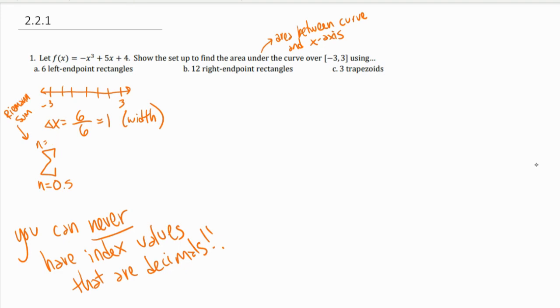It has to be integer values only, okay? And I say this because on your ESA for this stuff, so many people try to use decimals. You can't do that, okay? So we're going to start with n equals 0, like I said. And then to have a total of 6, I'd be plugging in 0, 1, 2, 3, 4, and 5. Because that's a total of 6. 1, 2, 3, 4, 5, 6. So we're going to plug in n equals 0 to 5.